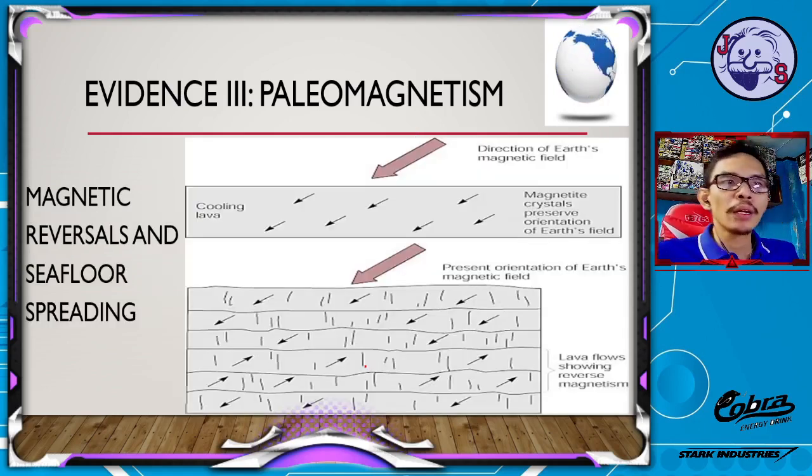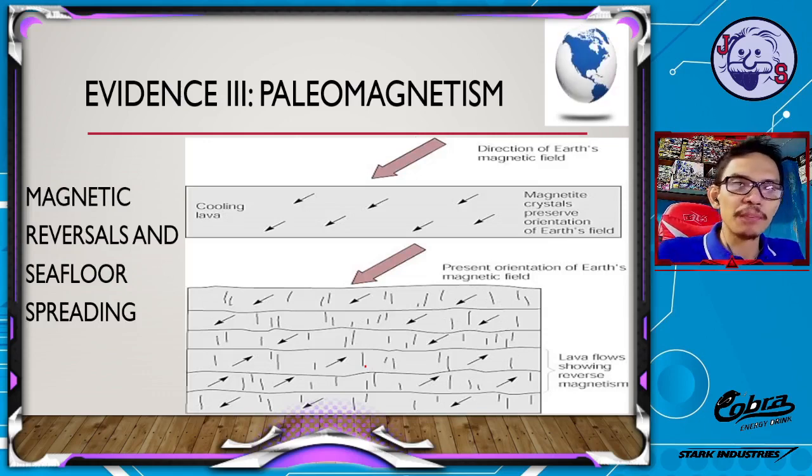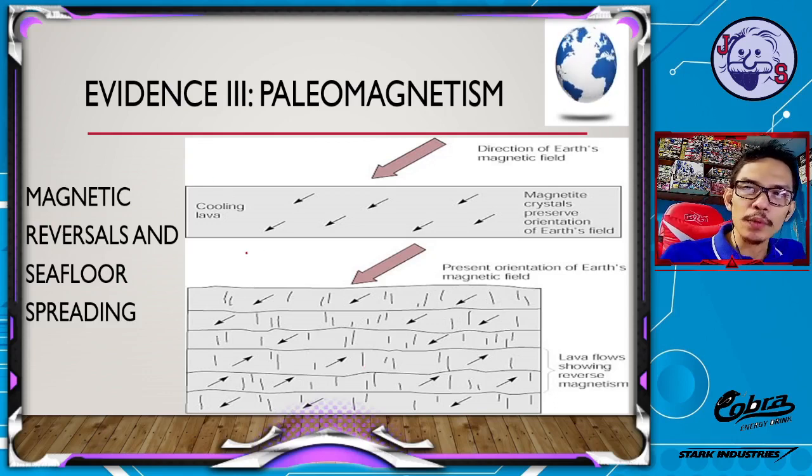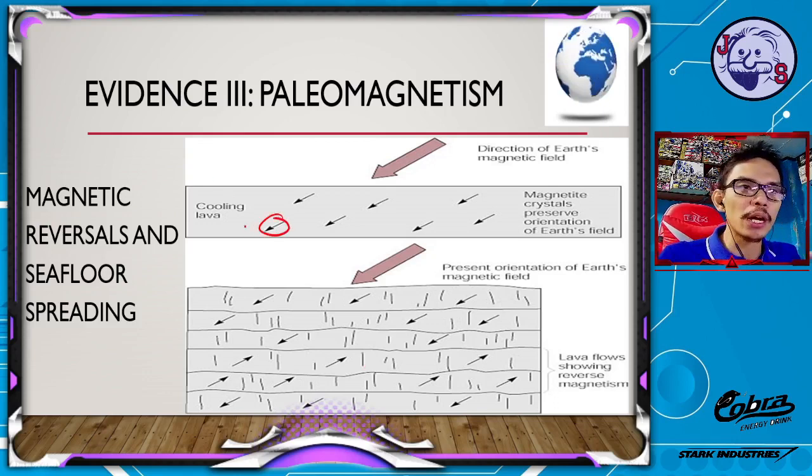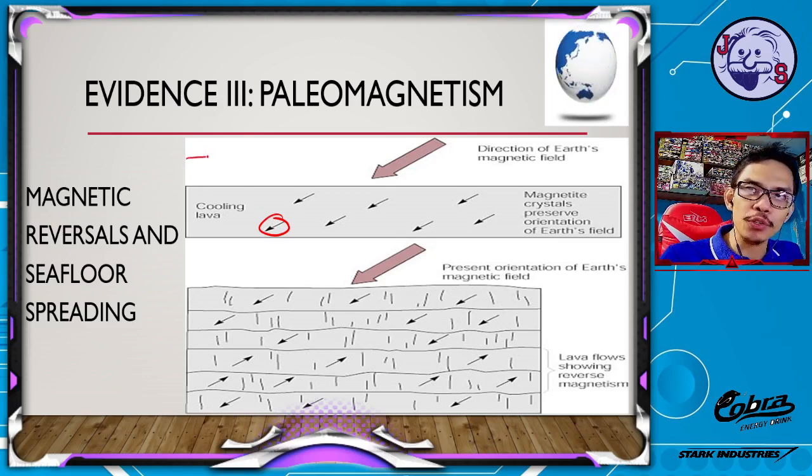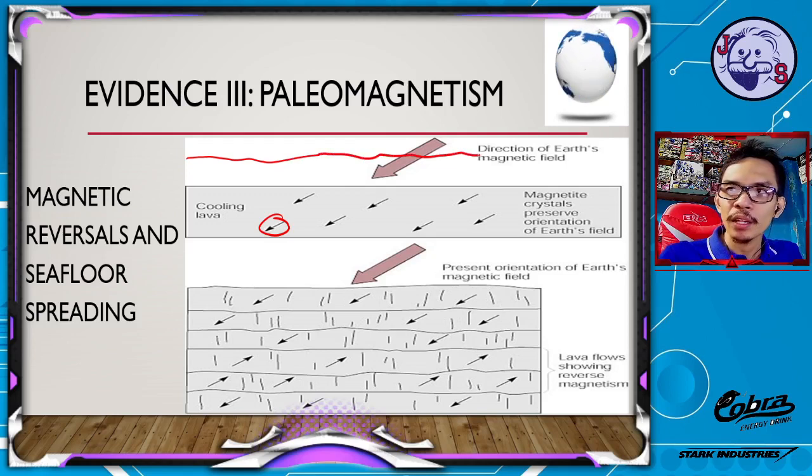Now, how are these magnetic field reversals being studied? As we all know, these arrows that you have right here are magnetite particles. Magnetite is very sensitive to Earth's magnetic field. When a volcano erupts, it produces lava, and the lava is somewhat liquid in terms of its consistency.